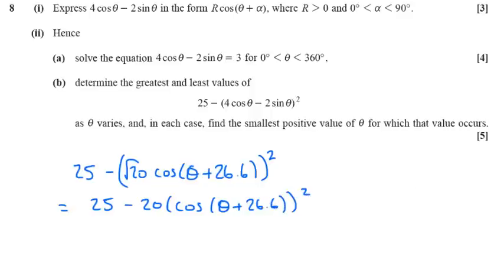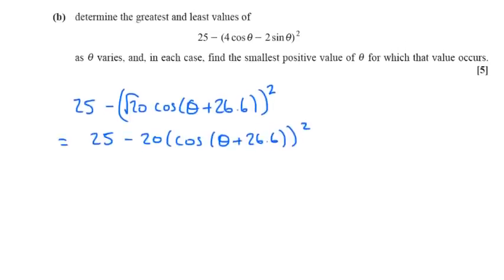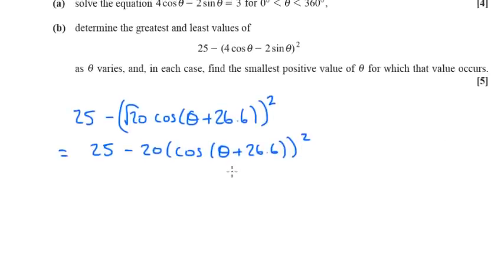squared. Now it asks us to find the greatest and least values of this whole function here. Normally we would say the greatest value is when we take away the smallest amount possible, and if we were looking for the smallest amount of a cos value, that would normally be -1, but we're squaring this. So if we took that to be -1 and then squared it, we would actually be getting a bigger value than if we took nothing away at all.